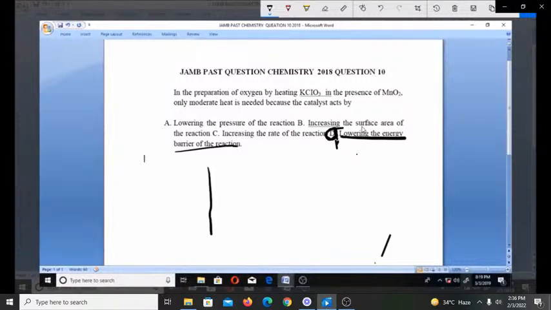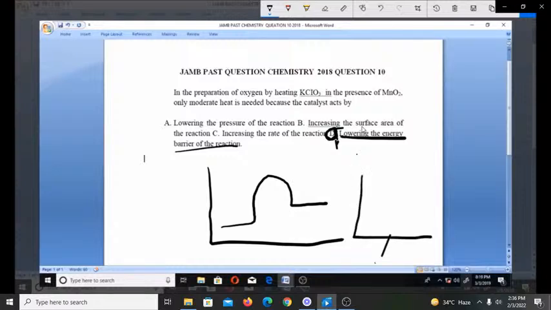So you have a normal reaction that would have gone like this. So you now have it to go like this. So the energy barrier is reduced. This height is reduced to this height. That is the effect of a catalyst.